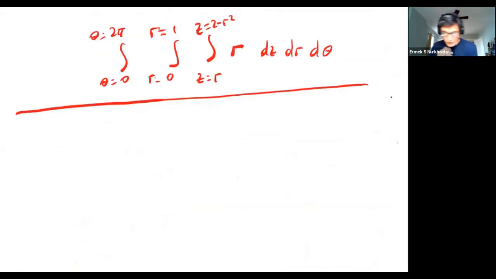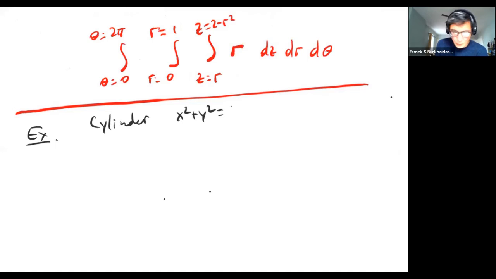We have the following picture. We have a cylinder, x squared plus y squared equals 1. Then we have a sphere, x squared plus y squared plus z squared equals 1.